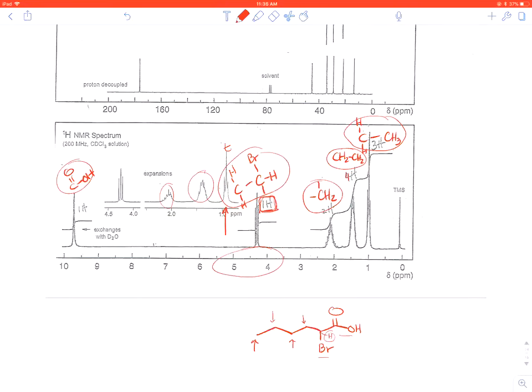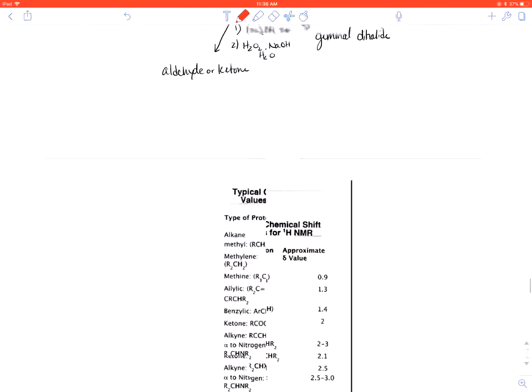So it's beyond 4. If we're only next to bromine, we'd expect between 3 and 4. If it was only next to the carbonyl, we'd expect 2 to 3. We don't really have either of those scenarios. So this is the only way it can be.